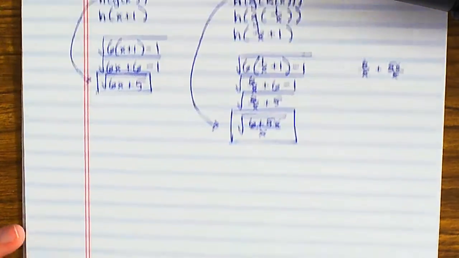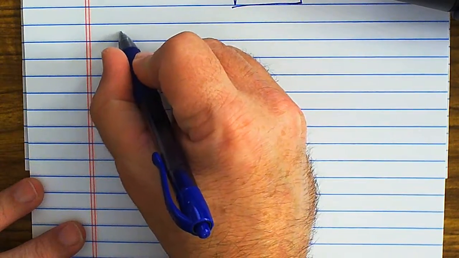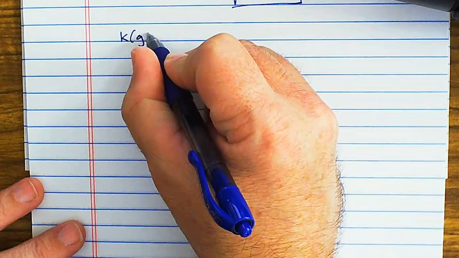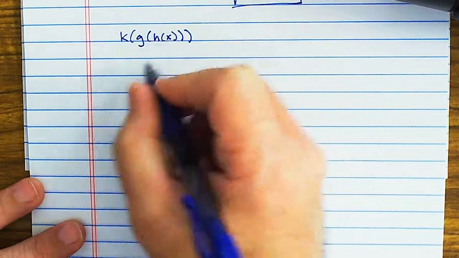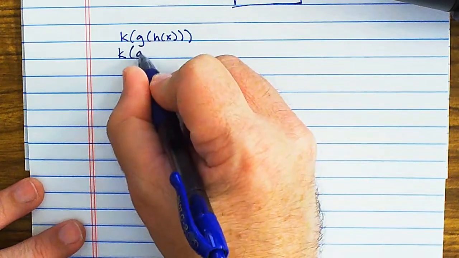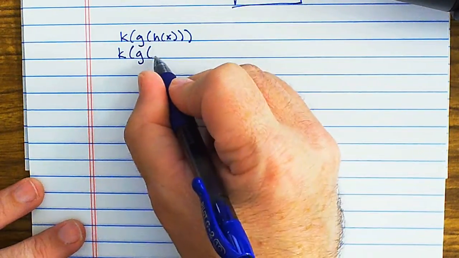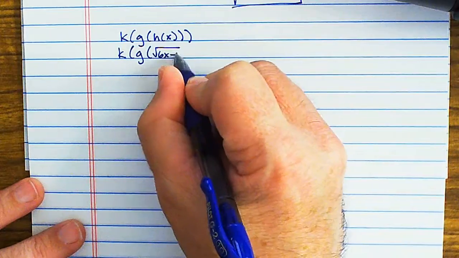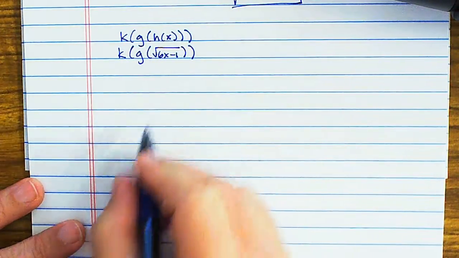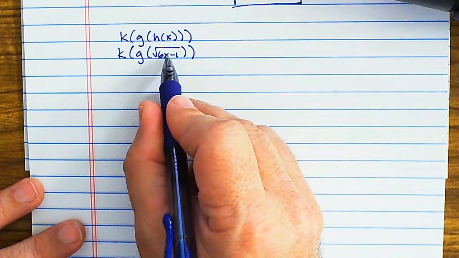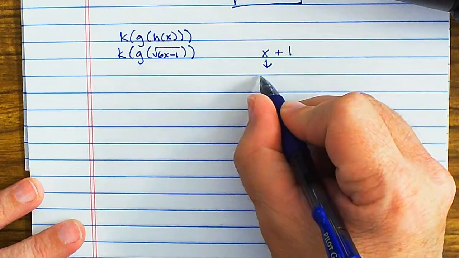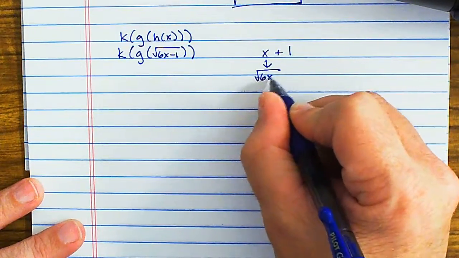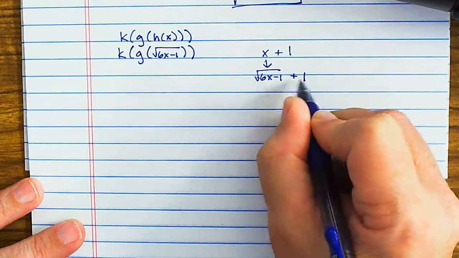Now, last but not least, it wants k of g of h of x. So that's k of g, and h of x at the top is the square root of 6x minus 1. So we're going to put square root of 6x minus 1 into g. Remember, g was x plus 1. So if I put that in there, that'll be the square root of 6x minus 1 plus 1.